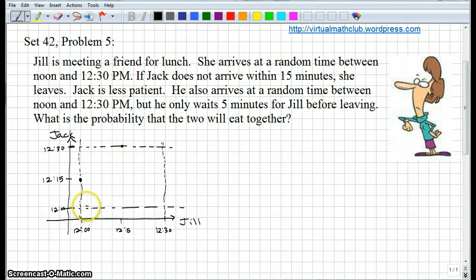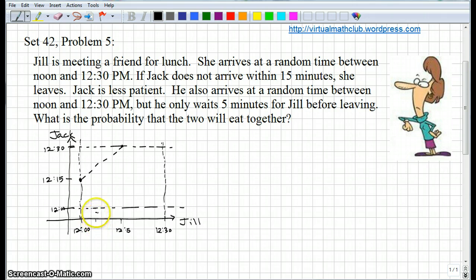And so if Jill arrives first, then essentially we can create a line. Let me draw another dotted line connecting these points. Okay, so as long as Jack arrives before this dotted line, then they'll meet up. Like for example, 12:05 is probably right around in here.